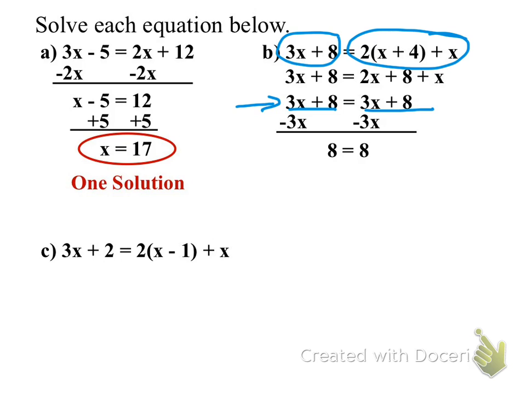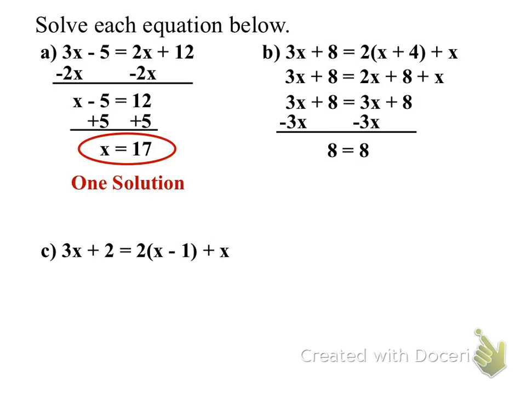So in that kind of situation, when your answers are exactly the same and you eliminate the variable, what that means is x stands for a certain amount. Remember when we did the replacement sets? If I were going to replace x with something, any number would work, not just one.